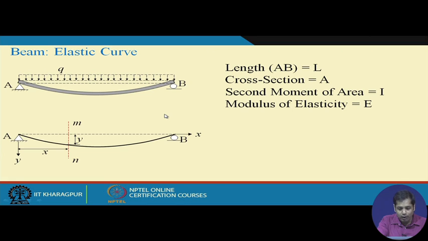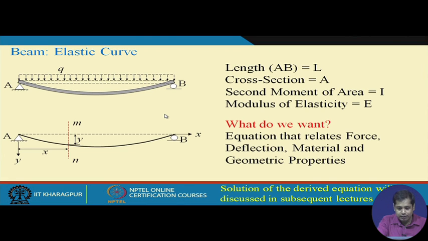What we want is an equation that relates the forces acting on this structure, the deflection, and the material and geometric properties. That means we want the deflection as a function of x, because as we can see the deflection changes with x, which is obvious. If we change q, the deflection will also change. If we increase q, the deflection will be more.